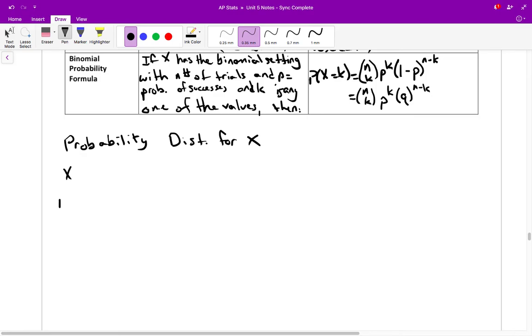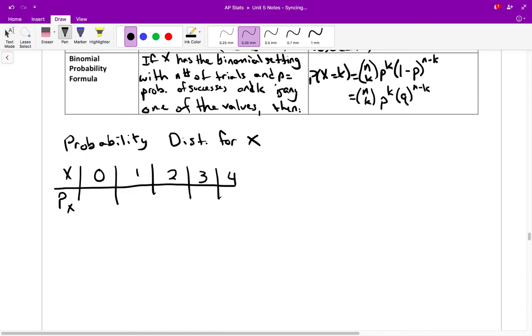So we had x, and we also calculated all the probabilities, p sub x. And for our outcomes, we could either roll 0 6s, 1 6, 2 6s, 3 6s, or 4 6s. The probability for each of those happening for 0 was 0.48225.